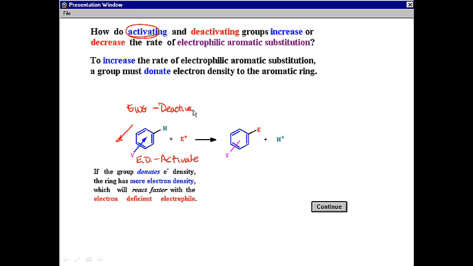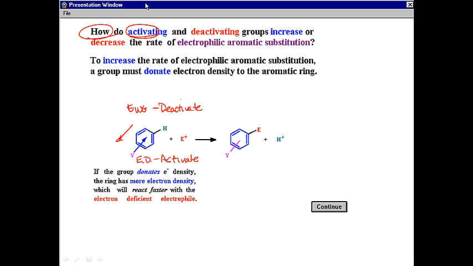So we use activate and deactivate to basically say this ring will react faster in electrophilic aromatic substitution or slower in electrophilic aromatic substitution. Okay, great. So now I'm going to use those terms activating and deactivating to indicate electron donating, faster reactions, electron withdrawing, slower reactions. But now we need to deal with the issue here.